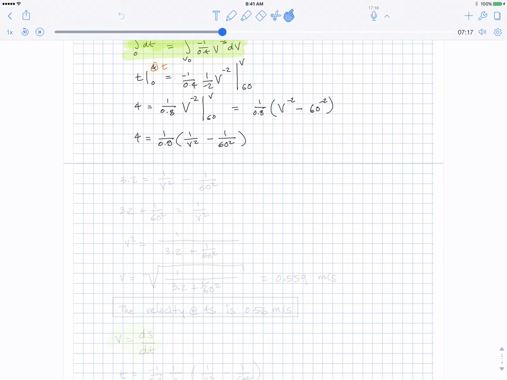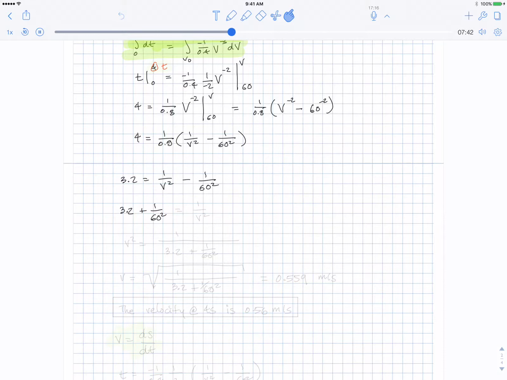So we're going to have to solve for v. And throw the 0.8 on the other side, so 0.8 times 4 is 3.2. 1 over v squared minus 1 over 60 squared. So we're going to have 3.2 plus 1 over 60 squared.